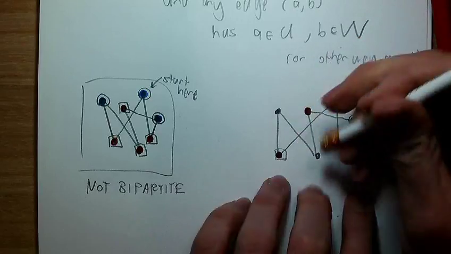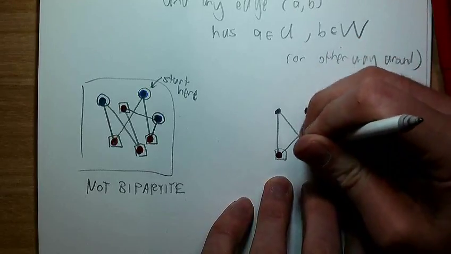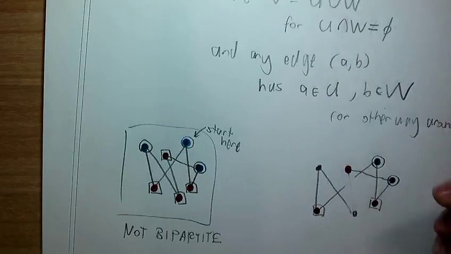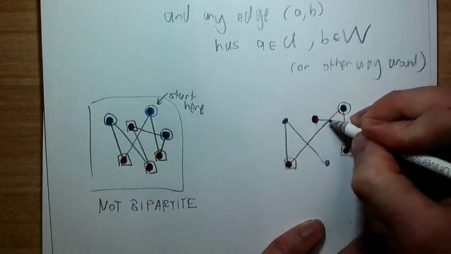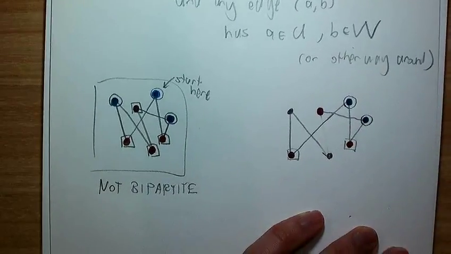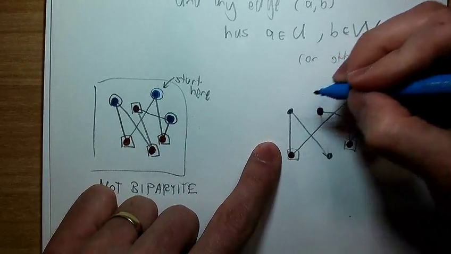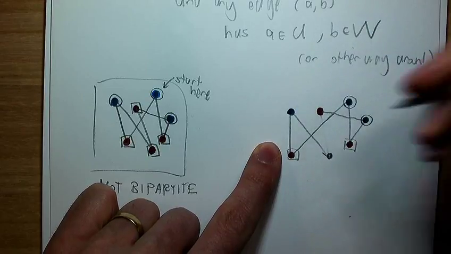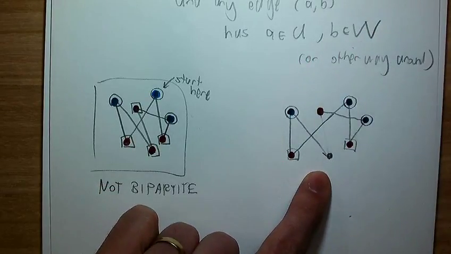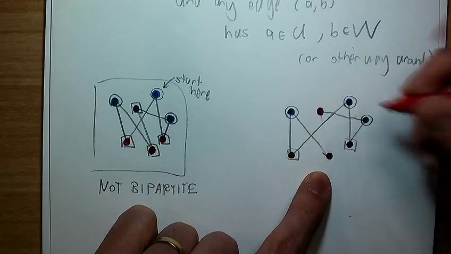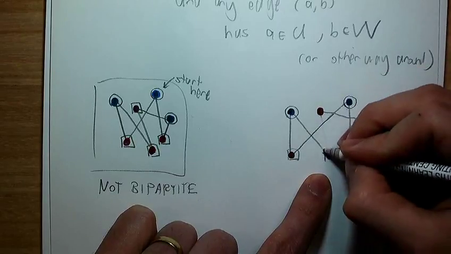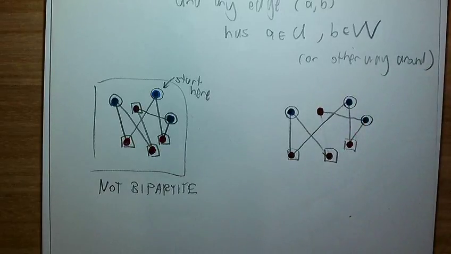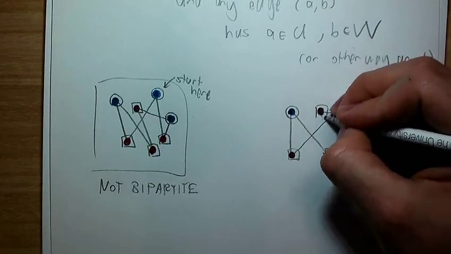Nope, that's not the one I wanted to remove. I want to remove that one. So if I remove that edge, it's not there anymore. Then we end up with nothing red connected to anything red.